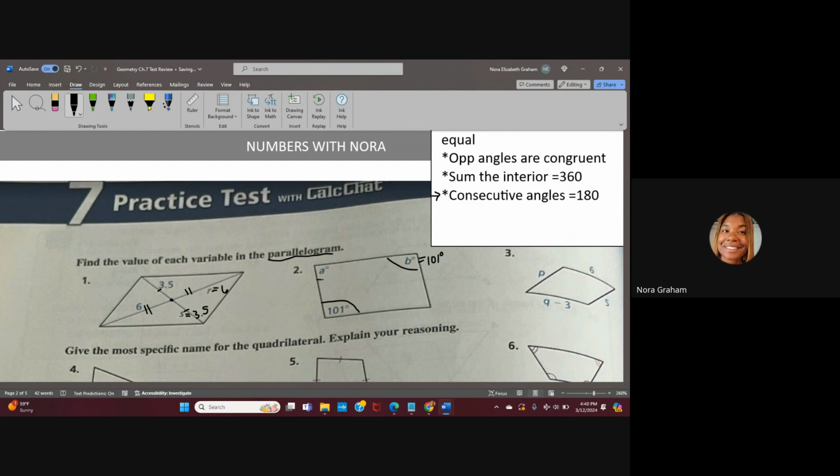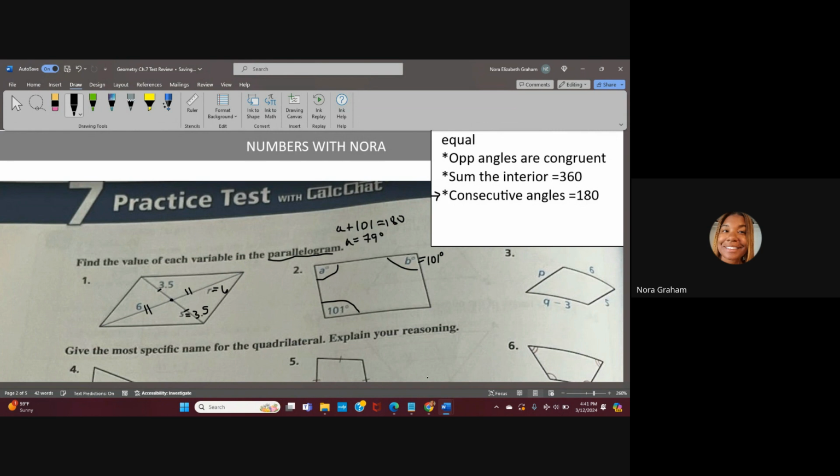So these are consecutive angles, my A and my B. That means angle A plus angle B are supplementary. I know B is 101, that's just substitution right there, so A plus 101 has to equal 180 degrees. If I want to solve for A, I just subtract 101 from both sides, and that gives me A equals 79 degrees. Perfect.